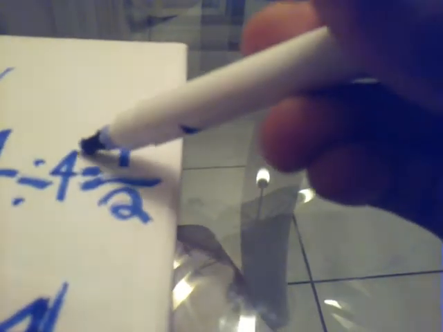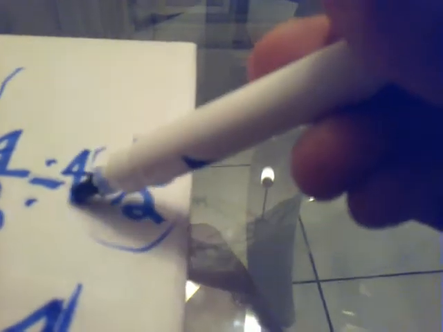Correct. You should divide it into 4 because 8 divided by 4 is 2 and 4 divided by 4 is 1. And since this is already in simplest form, we cannot divide it into any number.